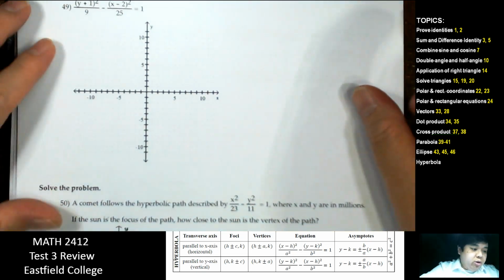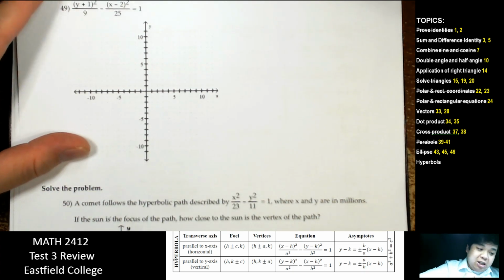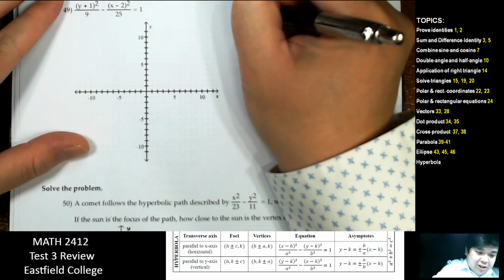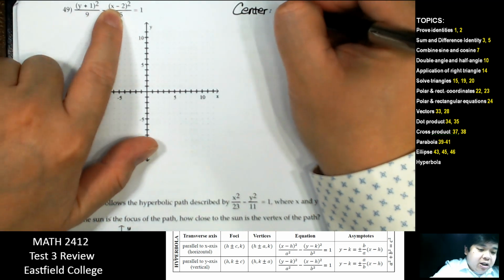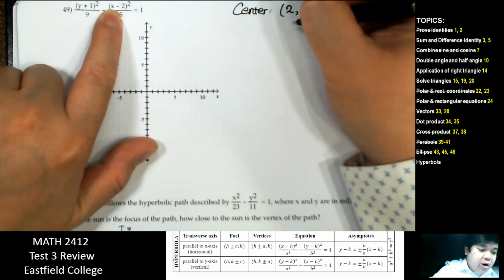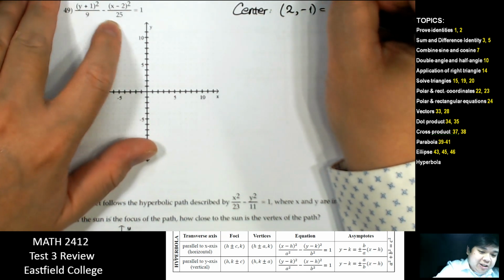I'll just finish with 49. So on this one, first the center, as always, center x 2 units to the right, 2 and -1, that is h and k.